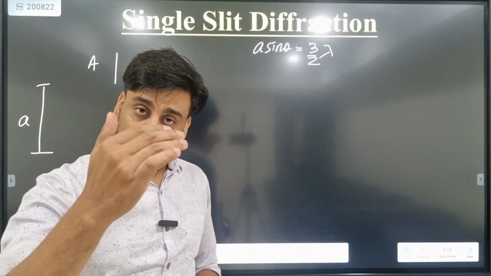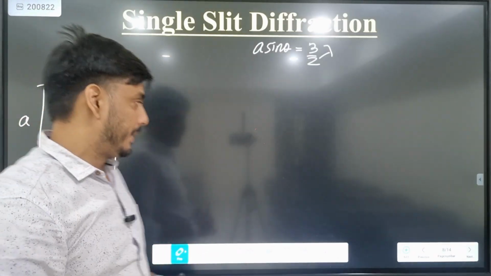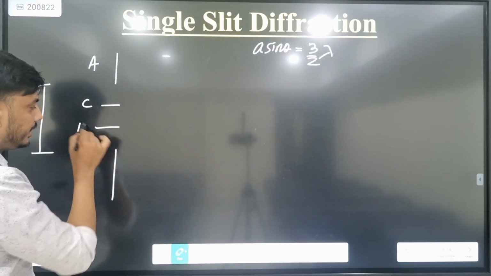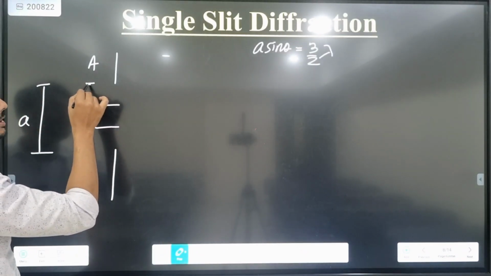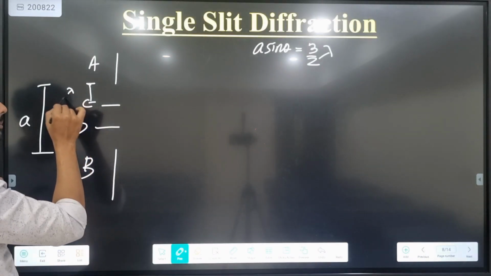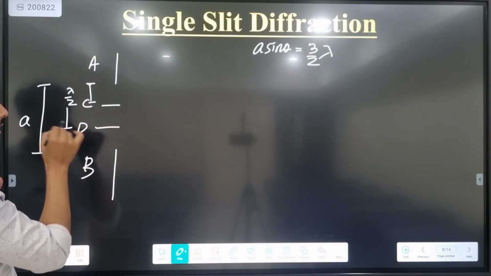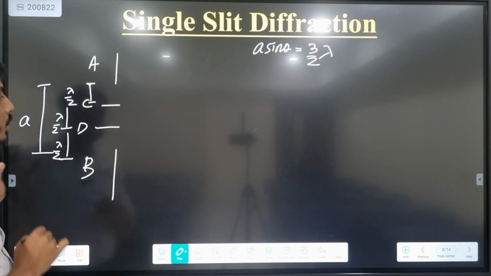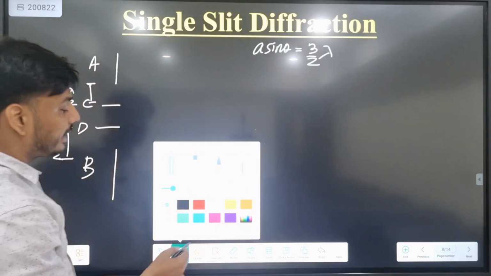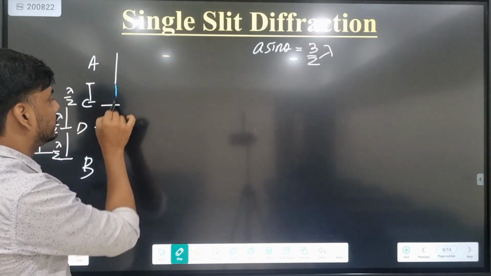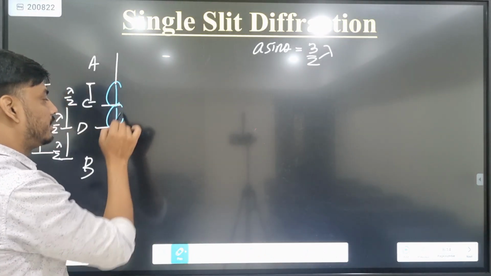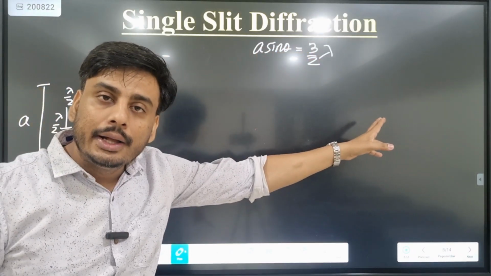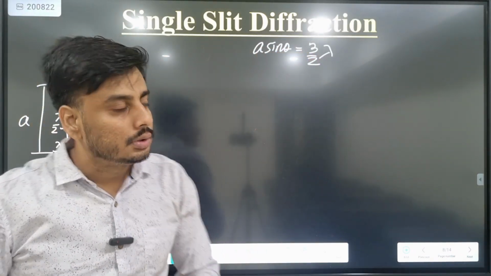Now if we divide that slit into 3 equal parts, this is C, this is D, then the difference between A and C will be lambda by 2. Similarly, C and D will be lambda by 2. This distance is also lambda by 2. Equally, we divided the entire slit into 3 equal parts. This is one part, this is another, this is another. Total path difference we assume 3 by 2 lambda, so each part will be lambda by 2.